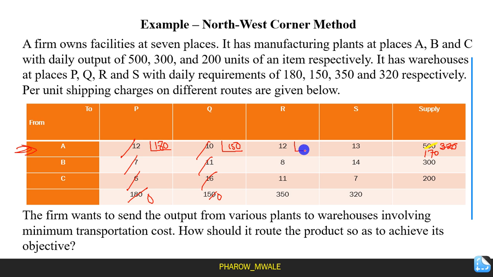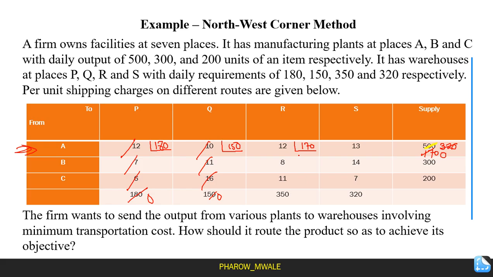We move now to cell AR. Then we allocate the smaller one of 170 and 350. The smaller one is 170. So we allocate 170 here, which means this row has fulfilled its obligations to deliver. It has supplied all that it could supply.